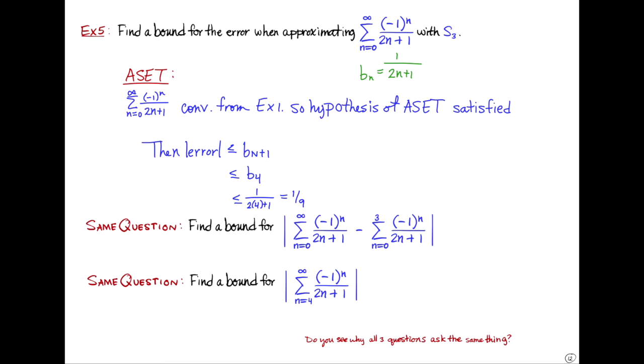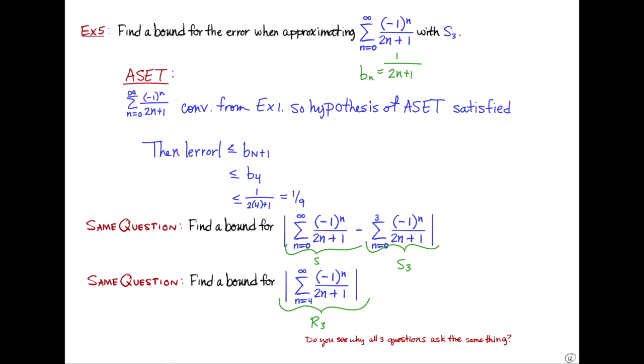So just a quick reminder, notation-wise, that S sub 3 is not the number of terms, but the n value where you stop adding. So this infinite sum is S, and from n equals 0 to 3, that is S sub 3. Or we could ask to find a bound for the absolute value of the sum from n equals 4 to infinity, and this is R sub 3.